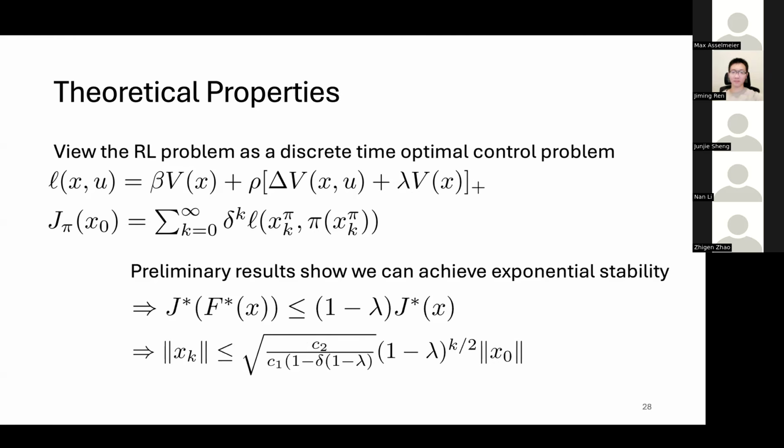And we've been able to prove theoretically, with preliminary results, that we can get exponential stability to the origin if you use this cost function in this discrete time optimal control problem. And like I said, there's work to be done to really make this truly match the RL problem. We have this for the more, I'll say, realistic rewards, and even with the regularization rewards, we can recover this result with different constants, of course.